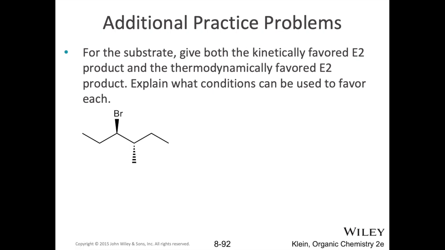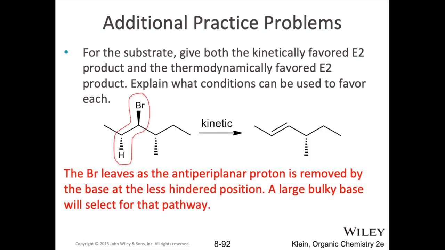But the problem is we're eliminating a proton from this beta carbon that has a methyl group on it, so you want to use a smaller base. If we use a bulkier base, it would prefer to deprotonate from this carbon and form the double bond on this side. So here's circled which beta proton we eliminate with our bromine leaving group, and where the double bond is.